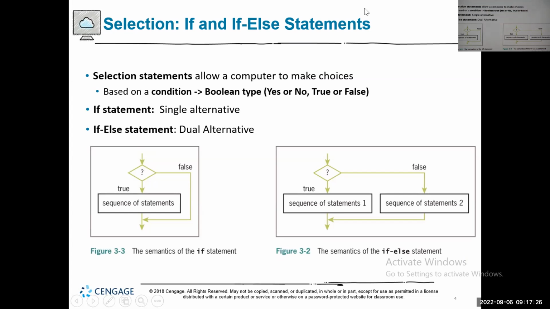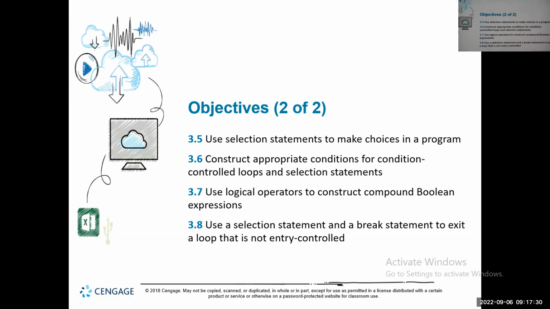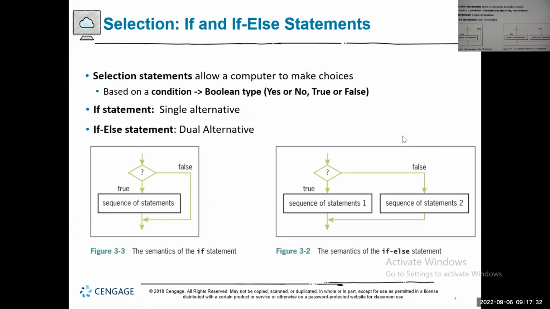The first one is sequence. Sequence means you do everything in order: step 1, step 2, and step 3 here. So basically, for every program, you use the 3 basic structures here. The first one is sequence. The second one is selection. And the third one is loop here, right?